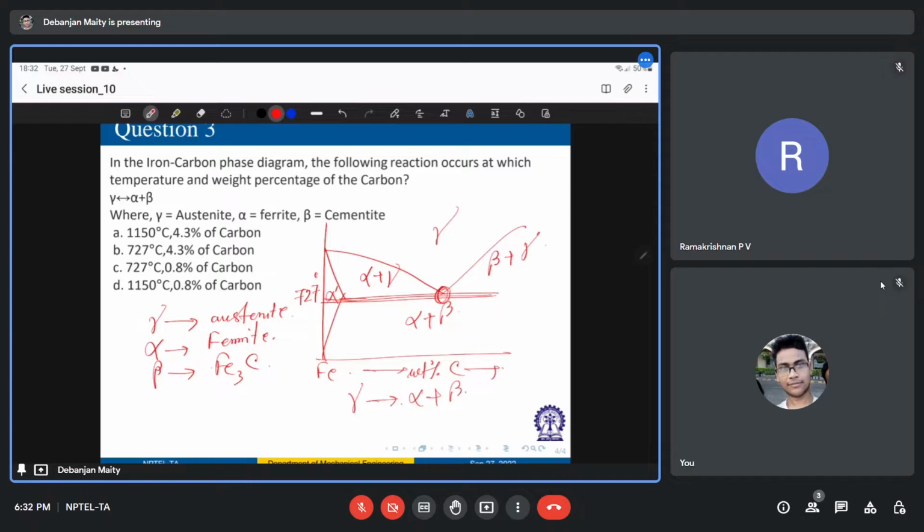And the carbon percentage is 0.8%. So 727 degrees C and 0.8% carbon, right?